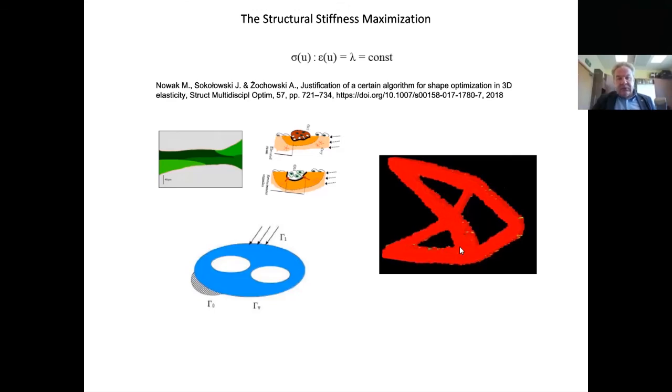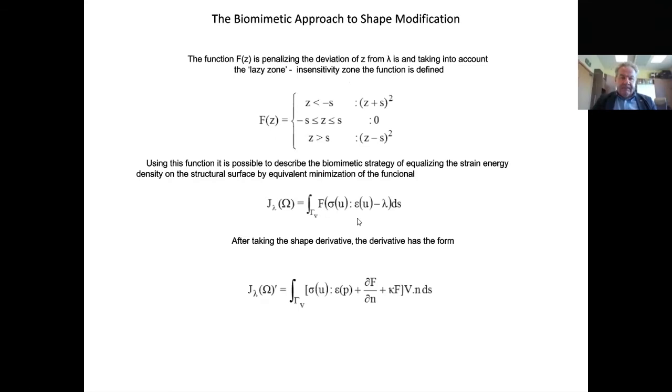And we produced very similar results to the same approach, but of course they are a completely different approach because there is no volume constraint. Yeah? And it was just the first biomimetic term here.